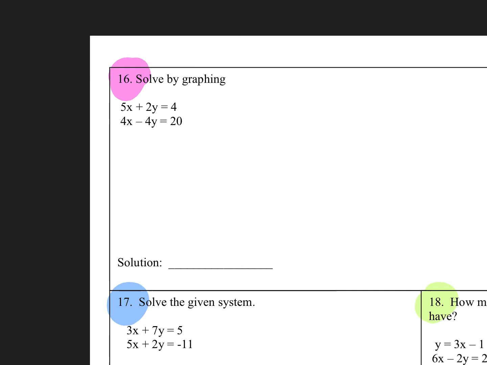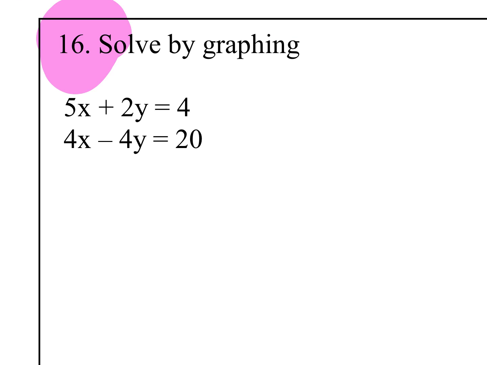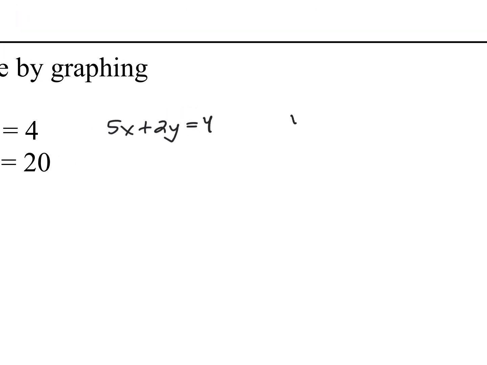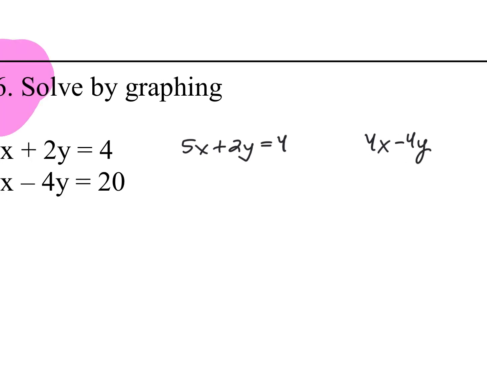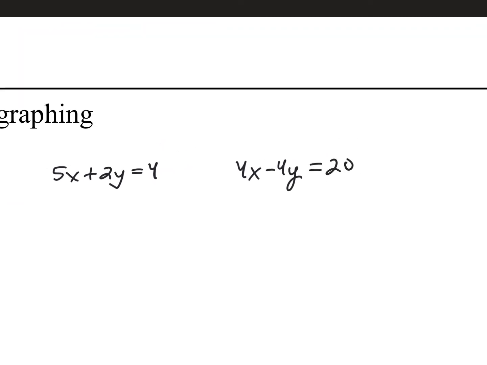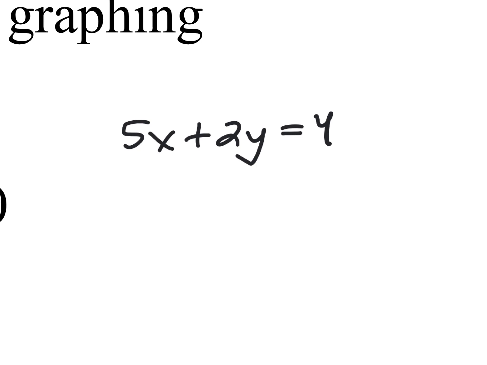All right, let's do this one, solving by graphing. Neither of these are in y equals mx plus b, so let's get them there, please. I have 5x plus 2y equals 4, and then 4x minus 4y equals 20. If I want it in y equals mx plus b, I'm going to subtract the 5x.